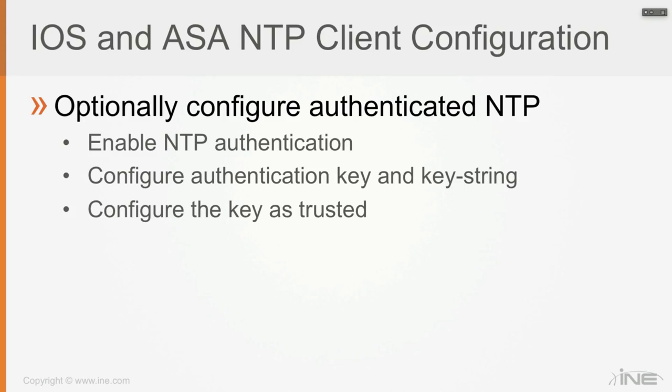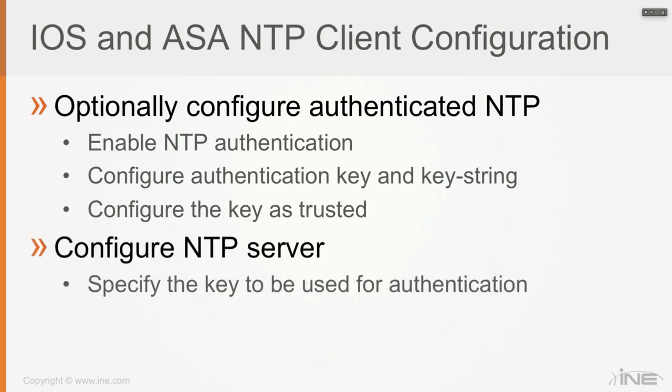So you have to enable authentication of NTP packets to begin with, then likewise configure the authentication key and key string to match as configured on the server, and likewise configure the key as trusted. So you see it's one more step on the client side, because only the client authenticates the server, not the other way around, and it makes sense.